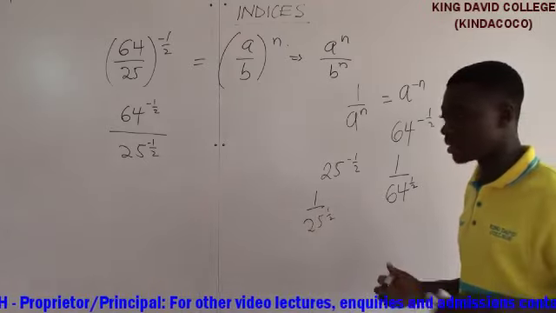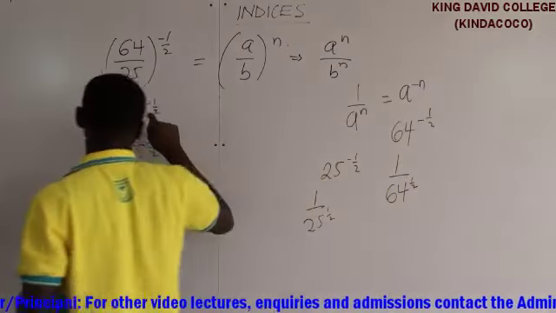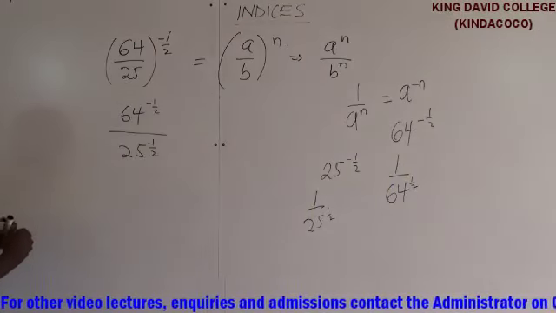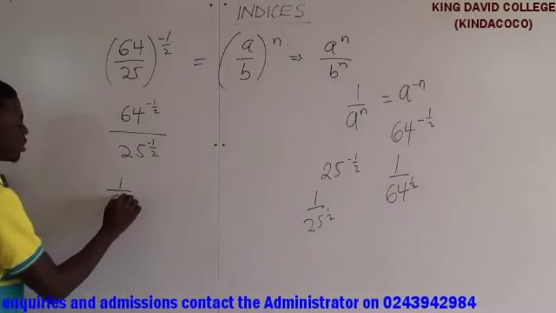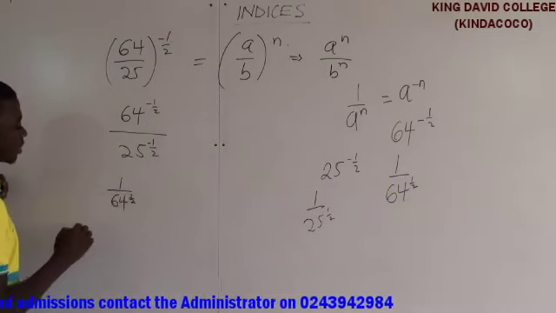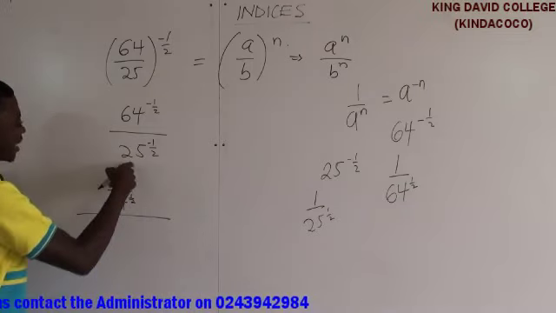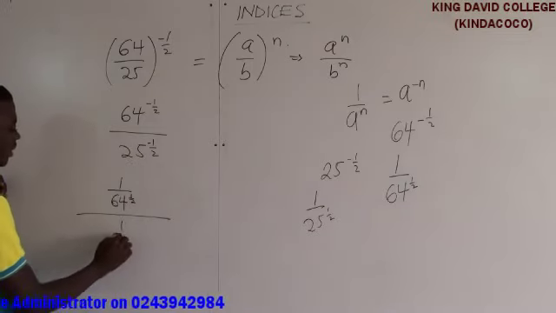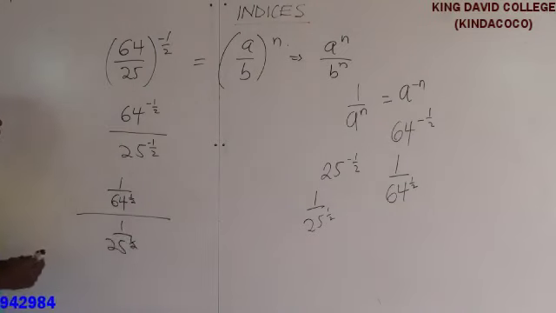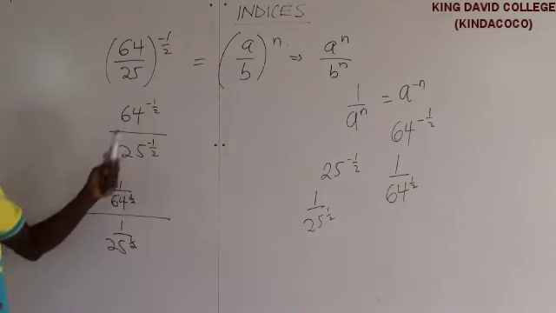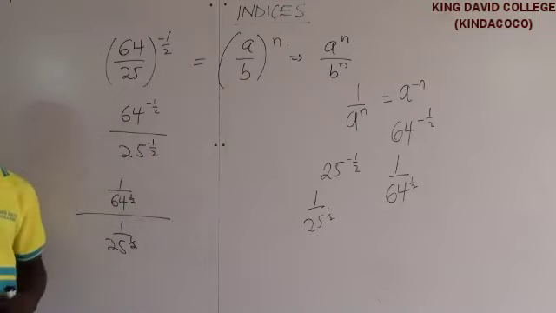So over here, I'm going to have 1 over 64 to the power half, all divided by 1 over 25 to the power half. So I've been able to remove the negative and made it this way.